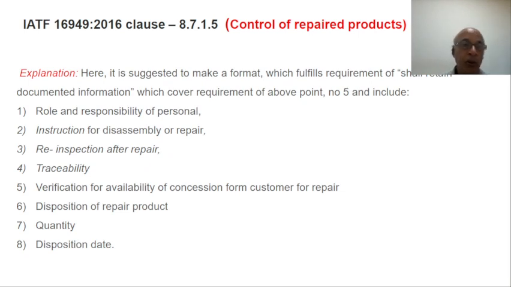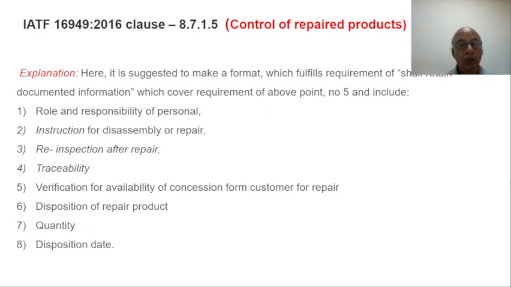So what we do to fulfill the requirement of the IATF standard, we should have a format which fulfills the requirement of shall retain documented information. So we should have a format to keep the documented information.